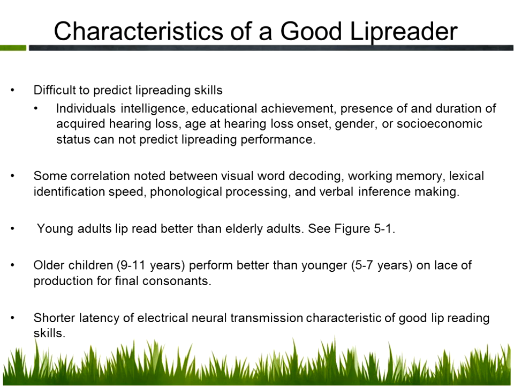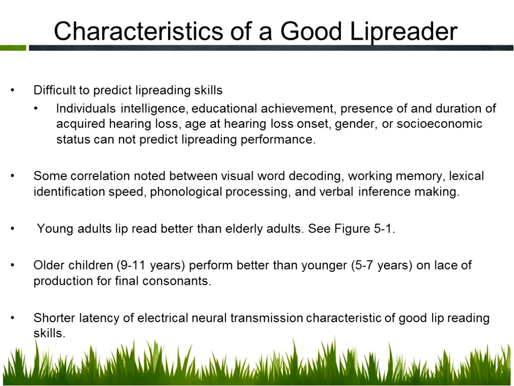There is some correlational evidence that visual word decoding, working memory, lexical identification speed, phonological processing, and verbal inferencing actually do predict modestly speech reading success. It's also true that young adults lip read better than elderly adults.